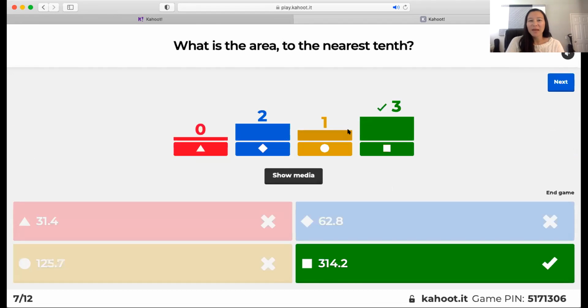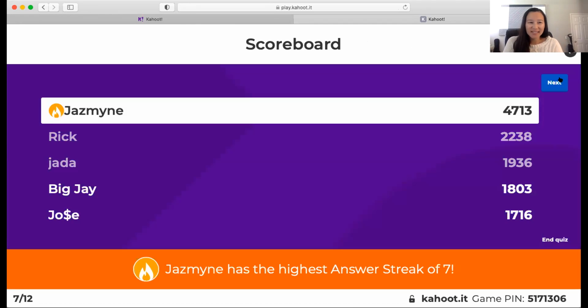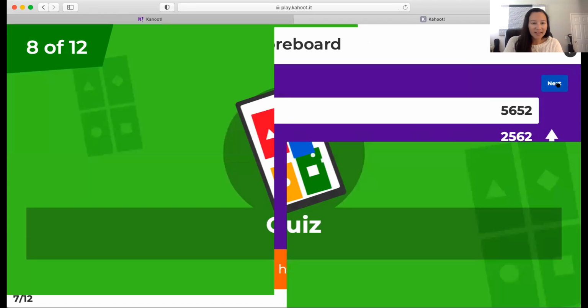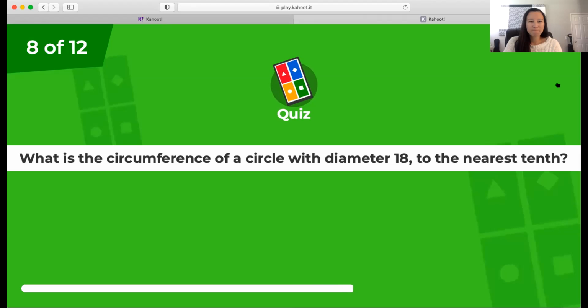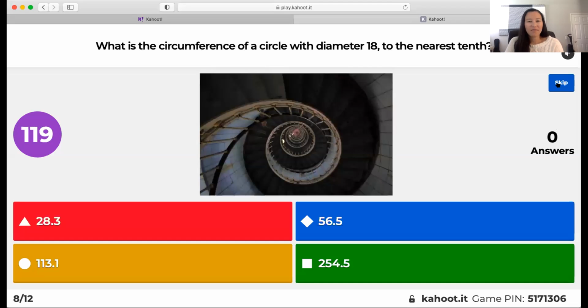Good job. Yep, so the radius would have been 10, and 10 squared is 100 times pi is about 314.2. Let's see. Ooh, Jose's up there now too. Good job. All right, we have a few more. I'm gonna find the circumference with a diameter of 18.